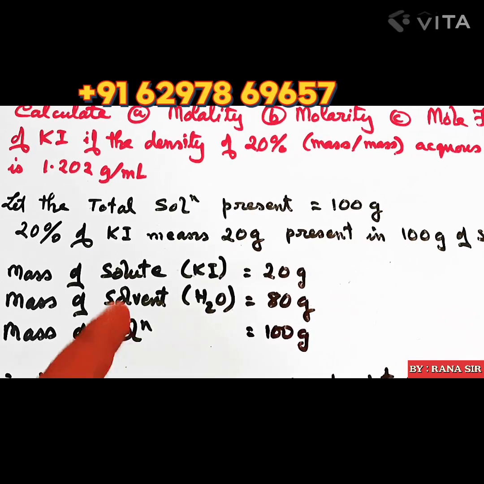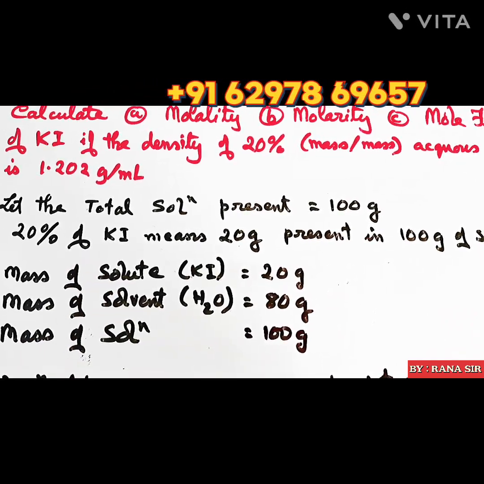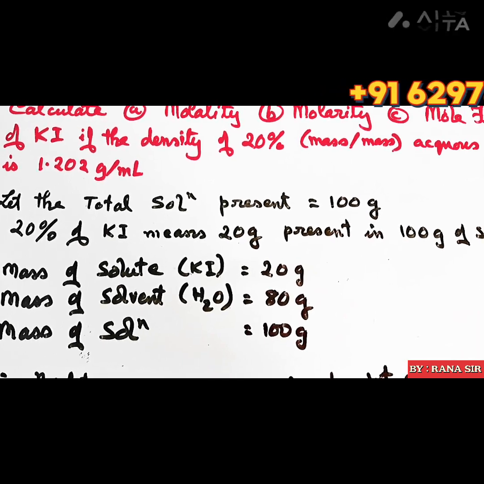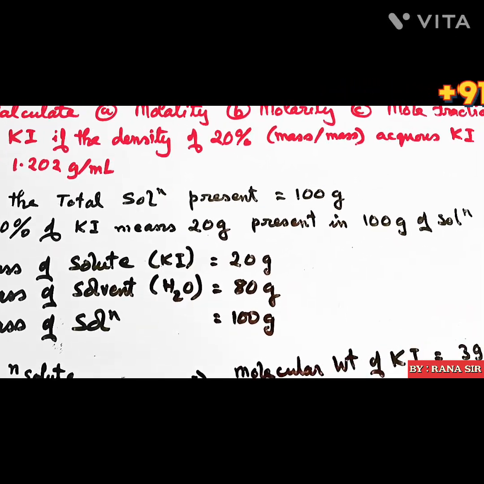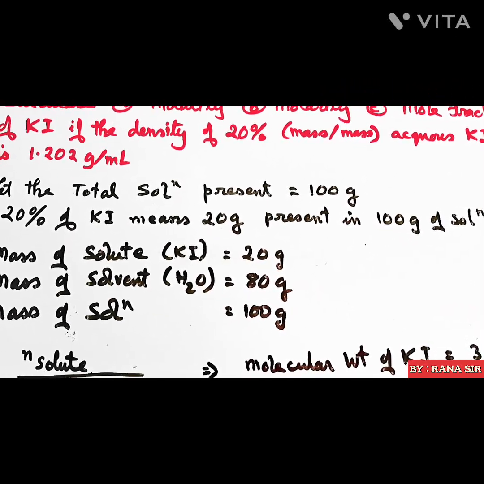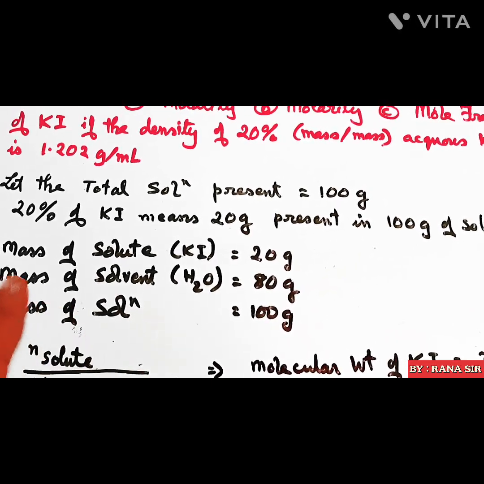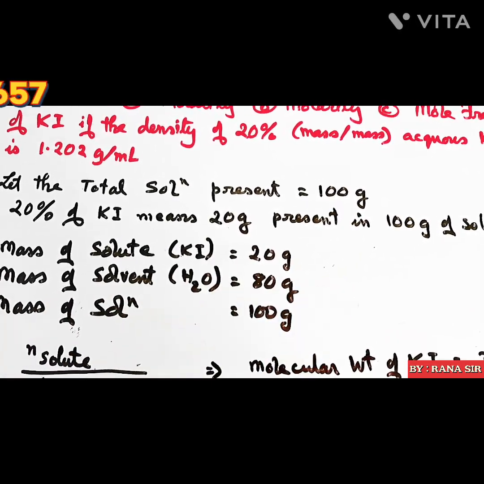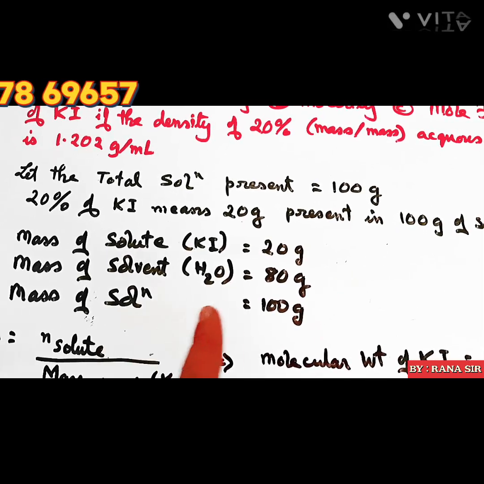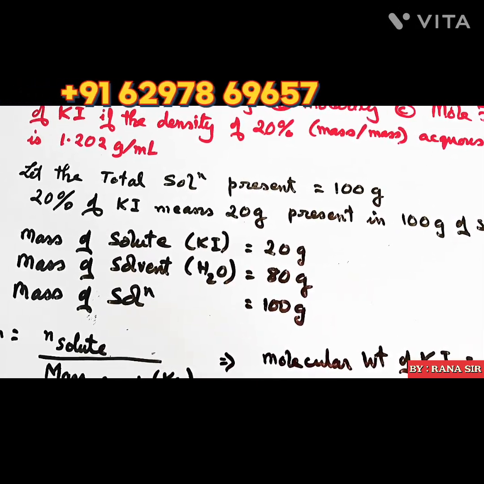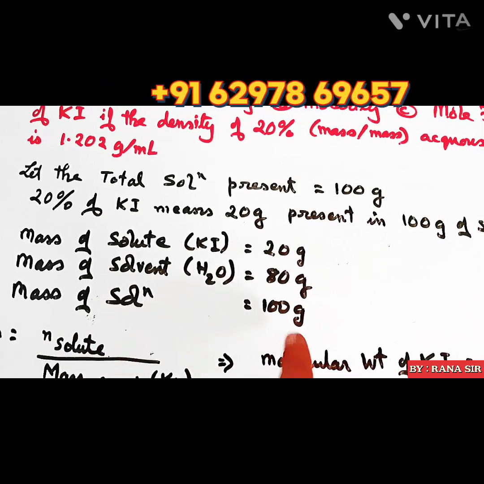So 20% of KI means 20 gram of KI present in 100 gram of solution. Now the percentage is converted to gram. So mass of solute, that is KI, is 20 gram. Solvent is 80 gram. What is solvent? Aqueous, H2O. And solution, we have assumed it as 100.